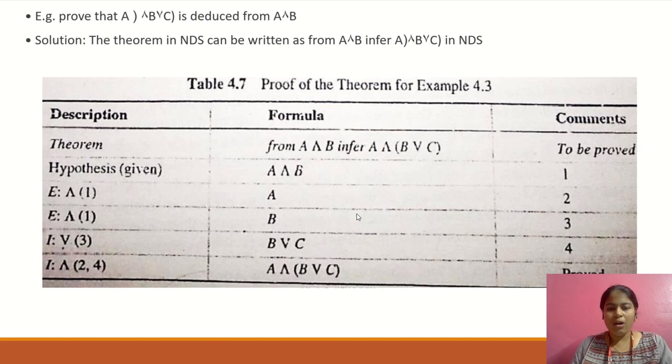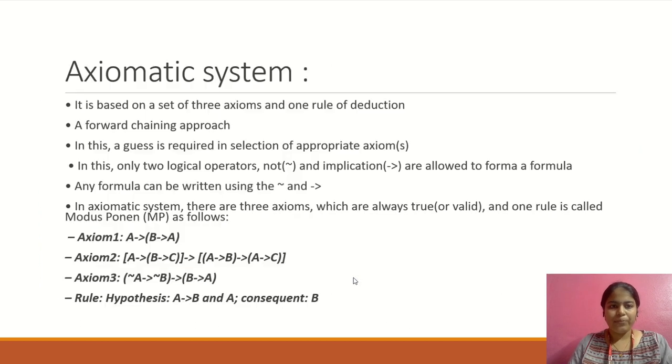If any one of the operands is true, the whole statement is true. Therefore, B or C is true. And now we are introducing AND operator between A and B or C.